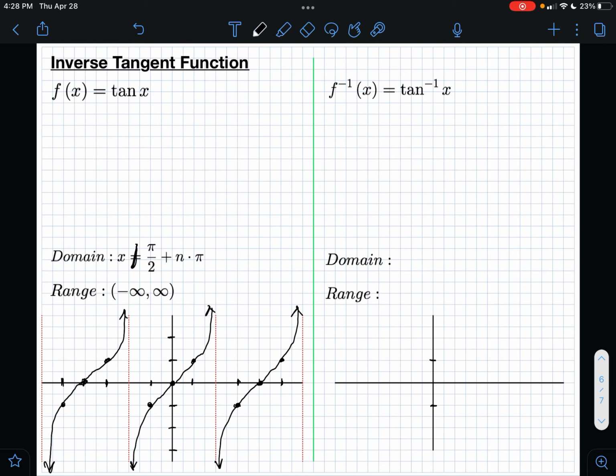Those are where the asymptotes are here. Pi over 2, 3 pi over 2, to the left, negative pi over 2, negative 3 pi over 2.